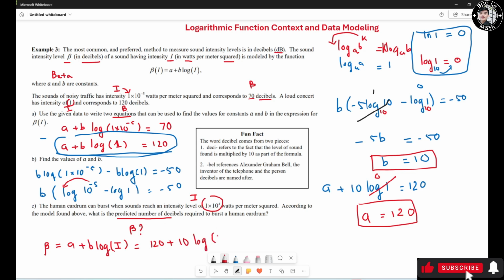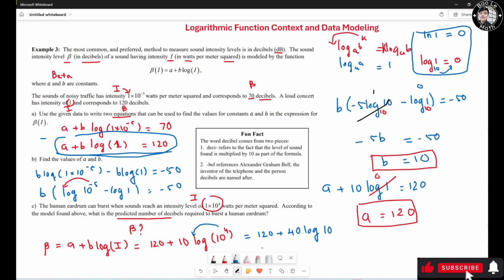So it could be 10 to the power of 4. I don't need to write 1 times, because 1 times is going to be 1. Alright, so I can simplify this one without using the calculator. So 4 brings to the front. So it's going to be 120 plus 10 times 4, it's going to be 40 log 10.